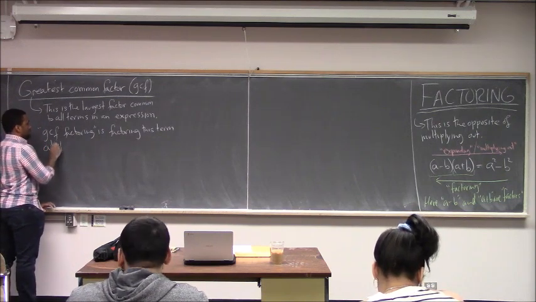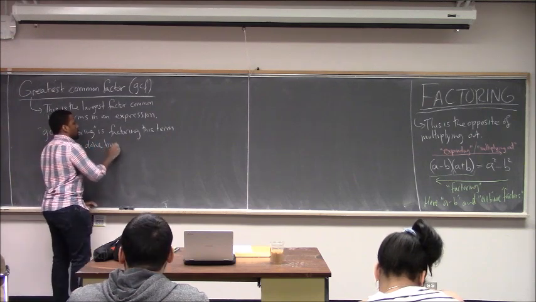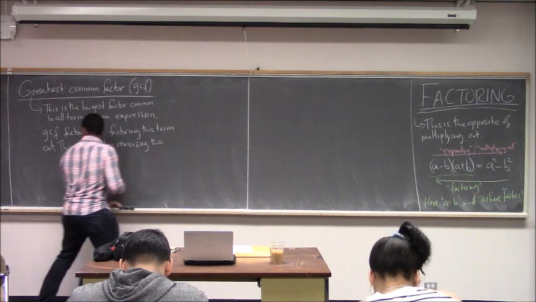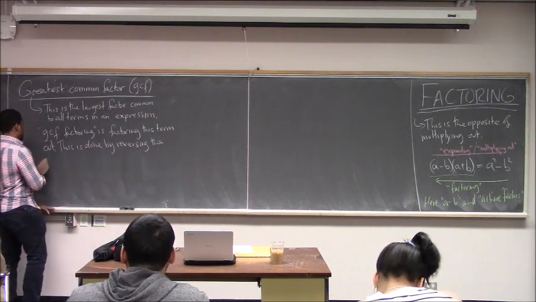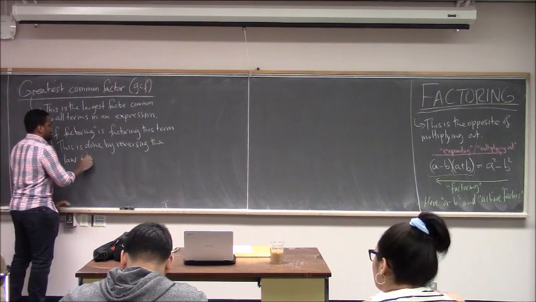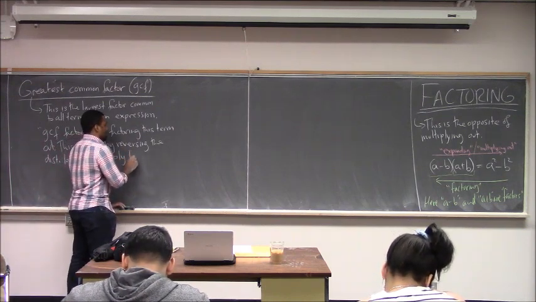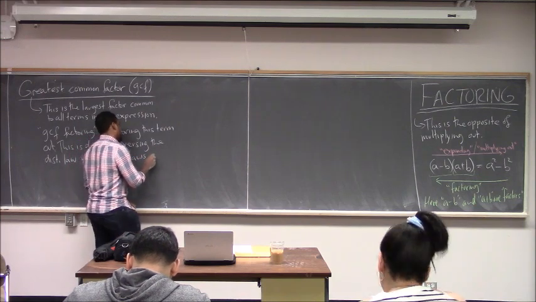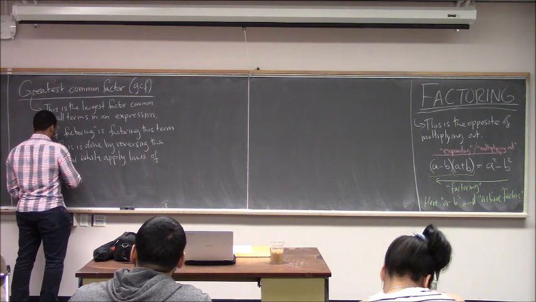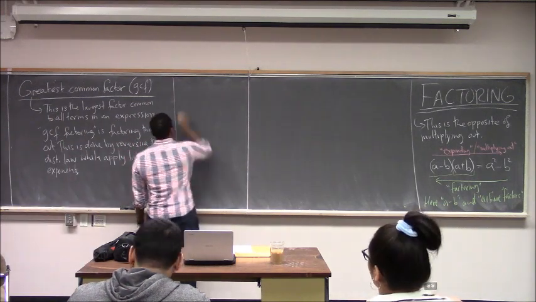And this is done by reversing the distributive law while applying laws of exponents. I'll get specific as to what this means. So I can probably show you by doing a few examples.